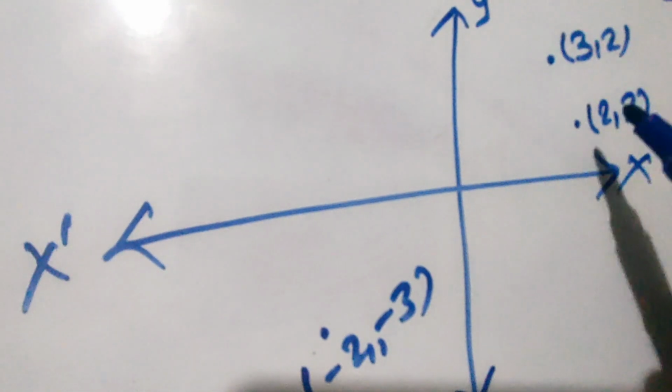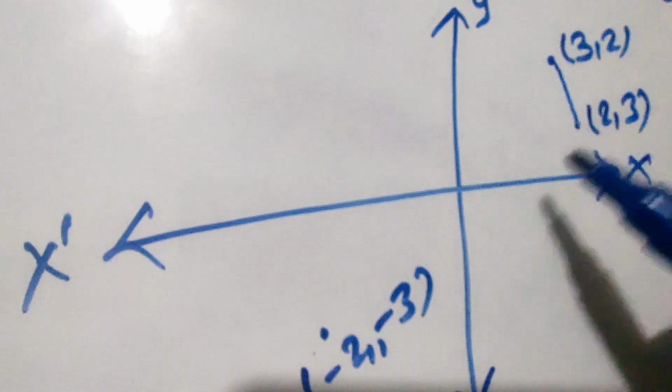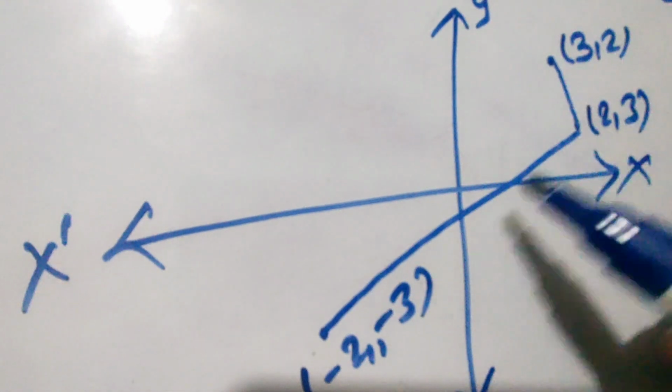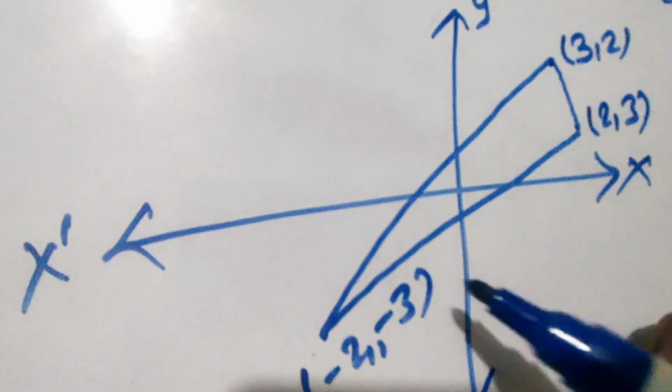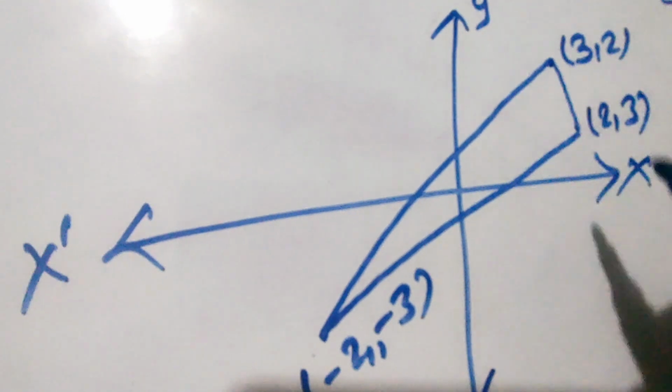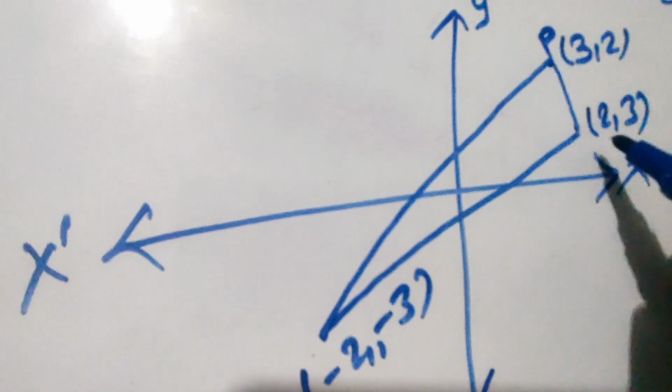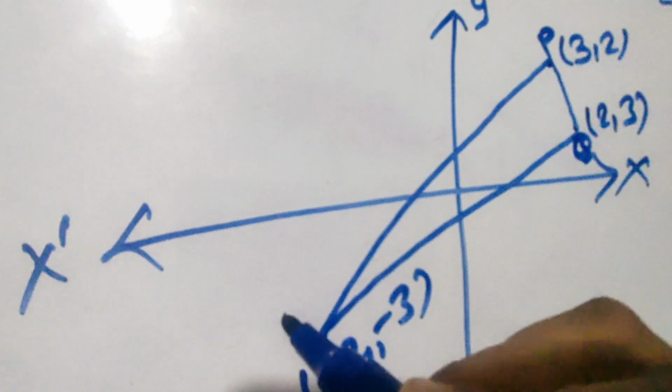This is the formation. Now name the points P, Q and R.